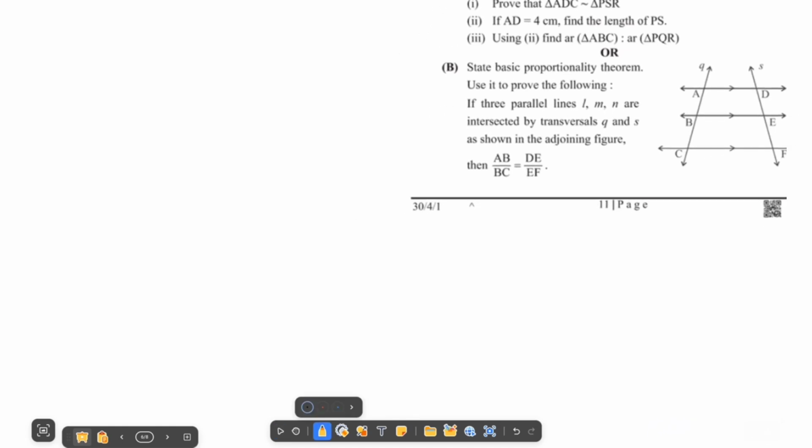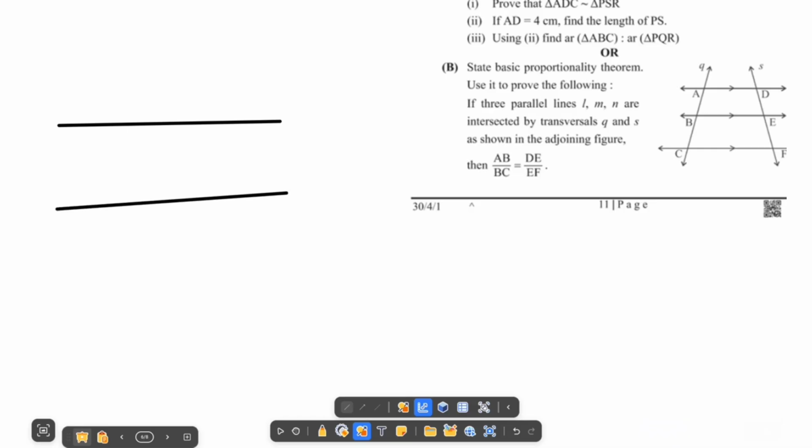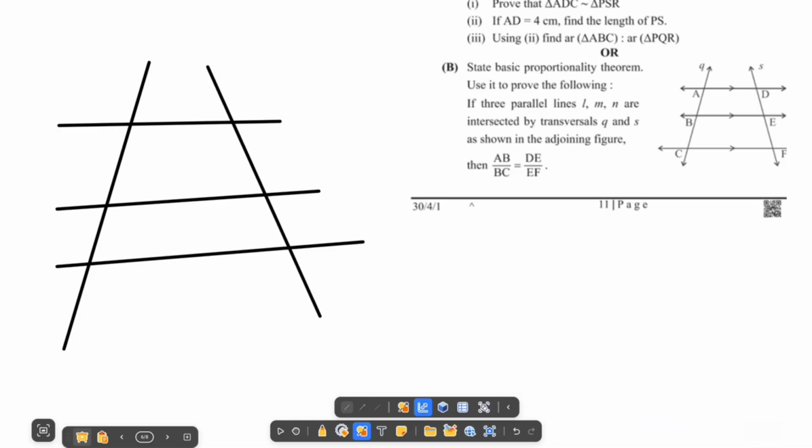Let's redraw the figure. So this is Q and this is S, and what are the lines?